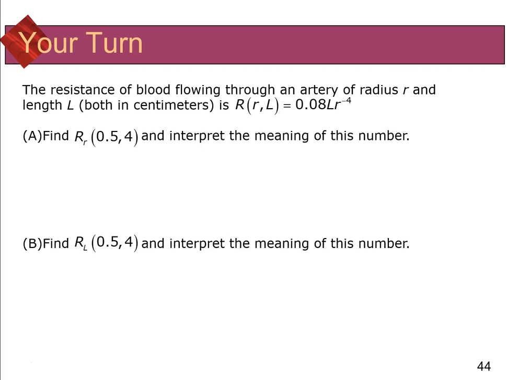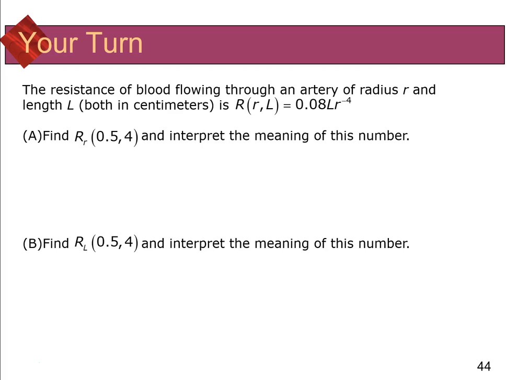Here we have the resistance of blood flowing through an artery of radius r and length L, both in centimeters. They give that R of little r comma L is 0.08 L r to the negative 4 power.